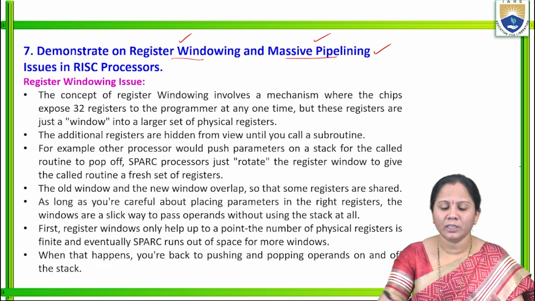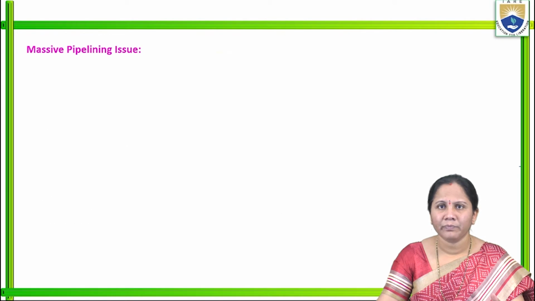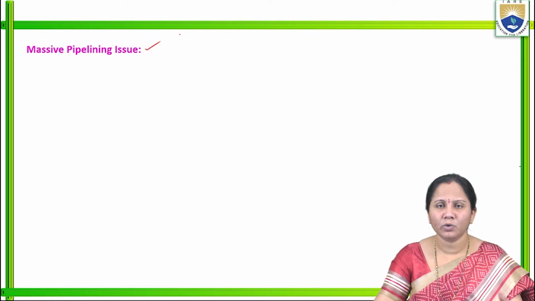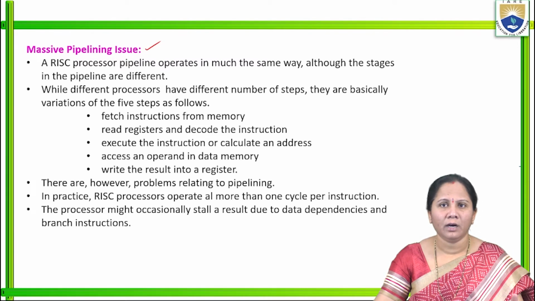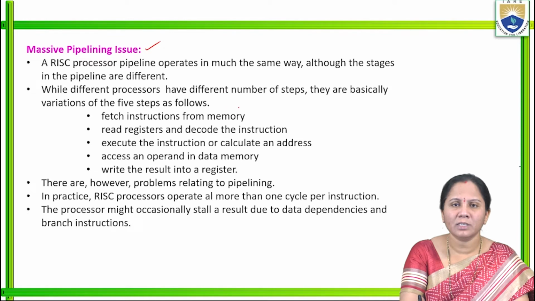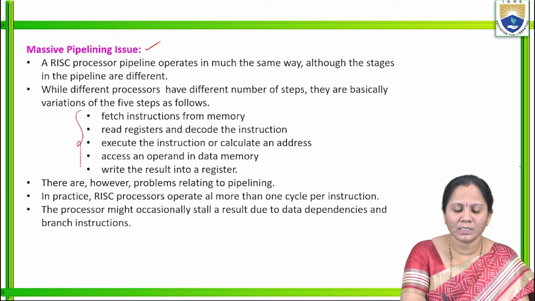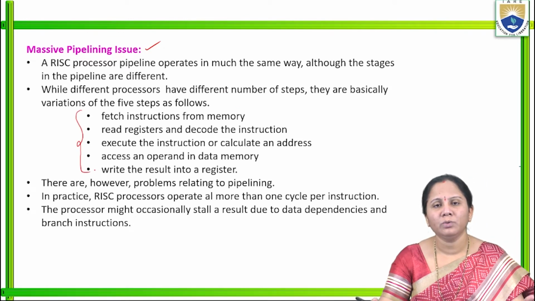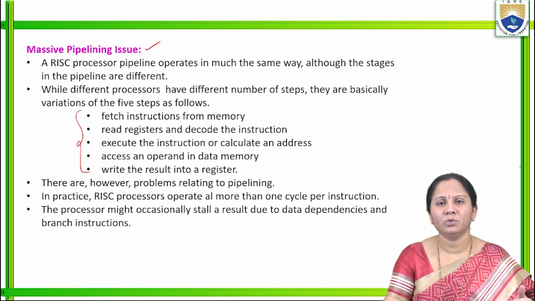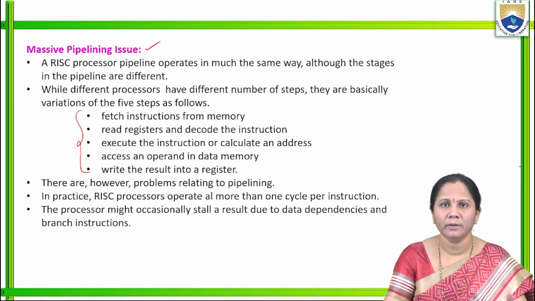These are different issues that come under the register windowing technique. And here we have the massive pipelining issue. Different issues are there during massive pipelining. For different processes, we have to follow all these steps in order to overcome those issues. So these are the two issues in the RISC processor during the pipelining procedure.